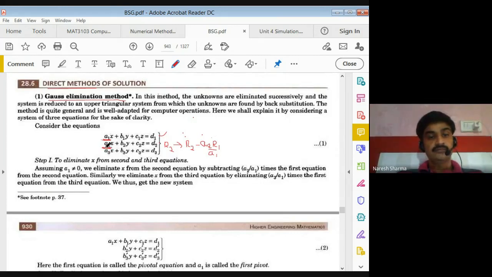Now once you eliminate x from your second row, you also eliminate x in your third row.